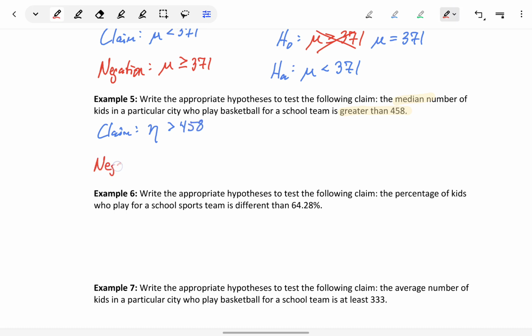Its negation would be that eta is less than or equal to 458. So for the alternative hypothesis, we choose the claim, which is that strict inequality statement. And for the null hypothesis, we take the negation, the statement that has some equality in this case, and we translate it into a statement with just an equal sign.